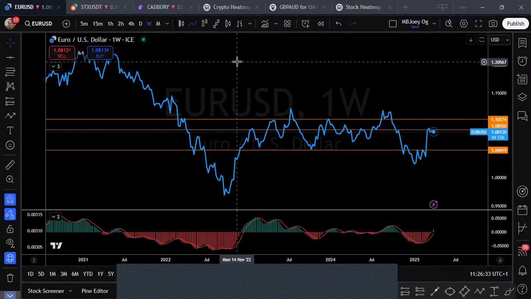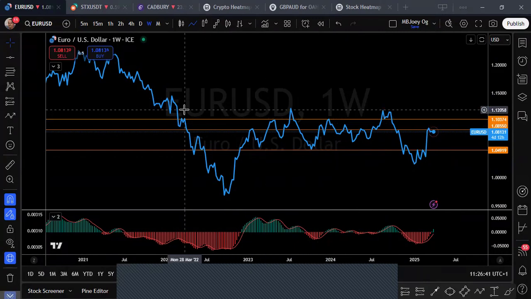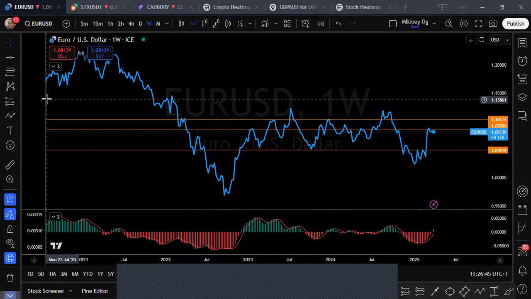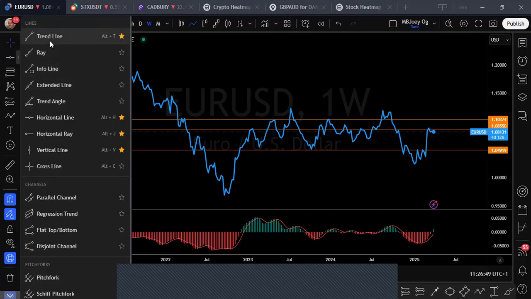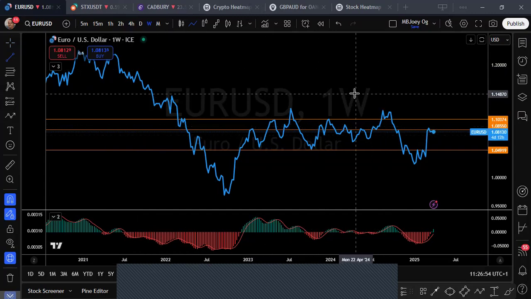So looking at this, where does it look like the market is going, generally, overall? It looks like a downward trend. Okay, so why do you think there's a downtrend?